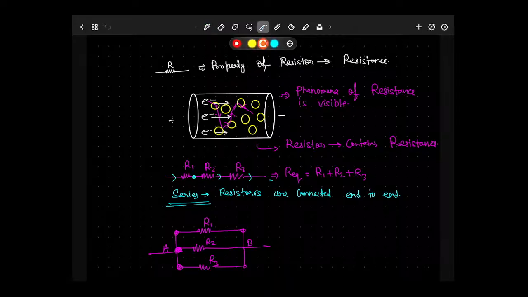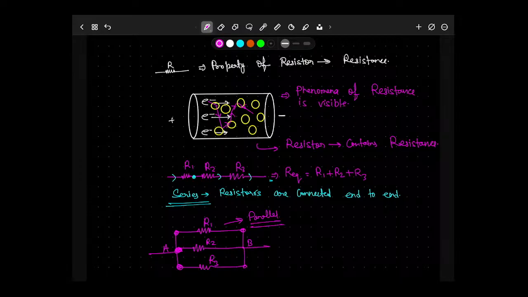So we can notice that if this resistor and this resistor have same potential difference across them, yes or no? If these resistors have same potential difference across them, we can call it that these are in parallel.